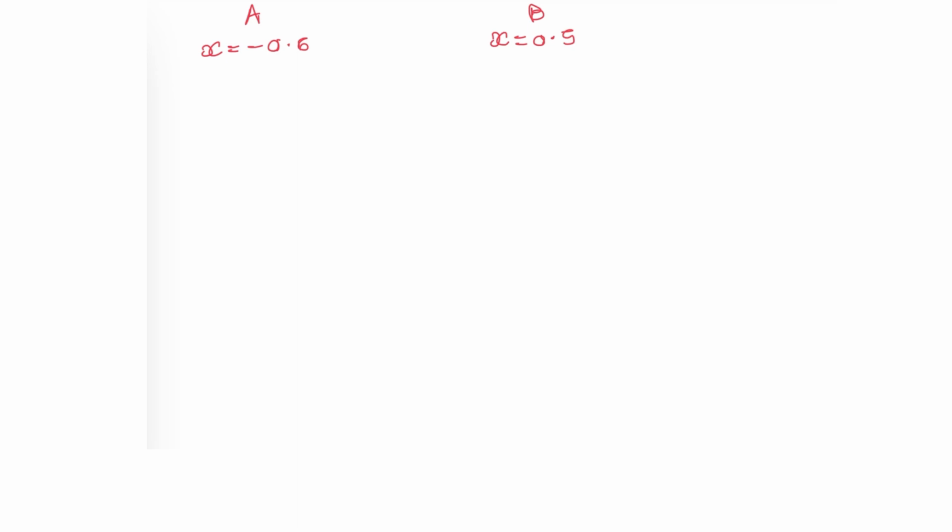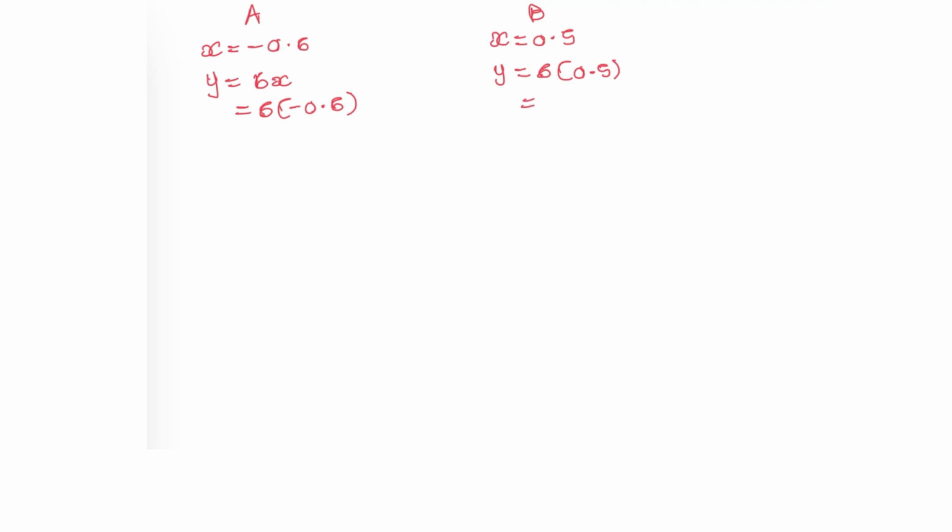So we need to find the y value, and we can simply find that by using y equals 6x, the equation of the line. So I am going to substitute negative 0.6 here, and the same way I can substitute 0.5.